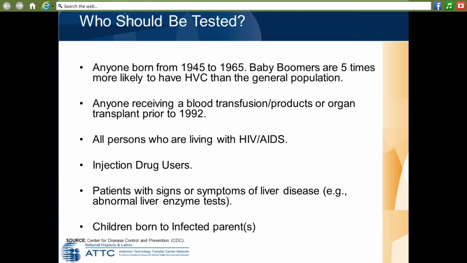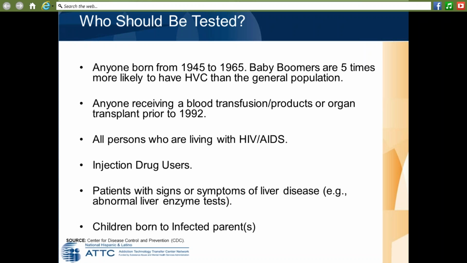We know that a number of community-level organizations are testing people in jails or when they're coming out through reentry programs. They're doing testing at community health fairs. They are providing testing at cultural events and festivals that target the Latino and Hispanic community.